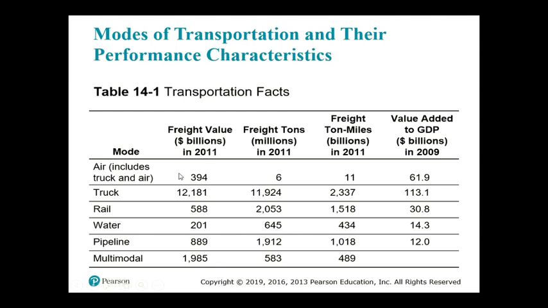Air accounts for only a fraction of the total freight value transported, but it does contribute significantly to GDP. Also, in terms of transportation mode trends, if you compare this table with a table from 10 years ago, you would see multimodal transportation has significantly increased, about doubled compared to 10 years ago.